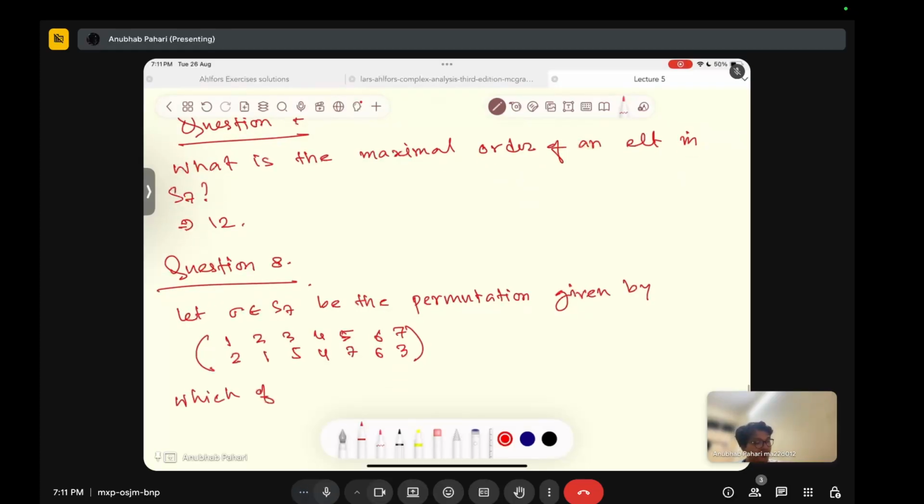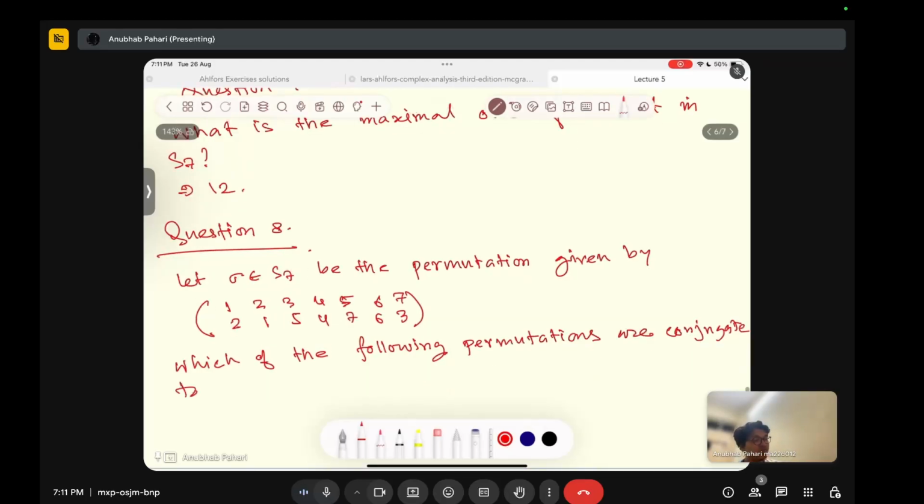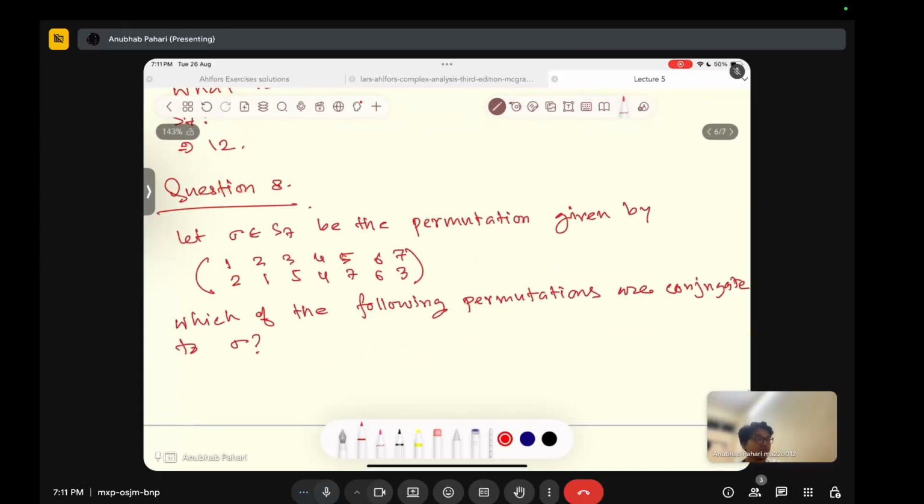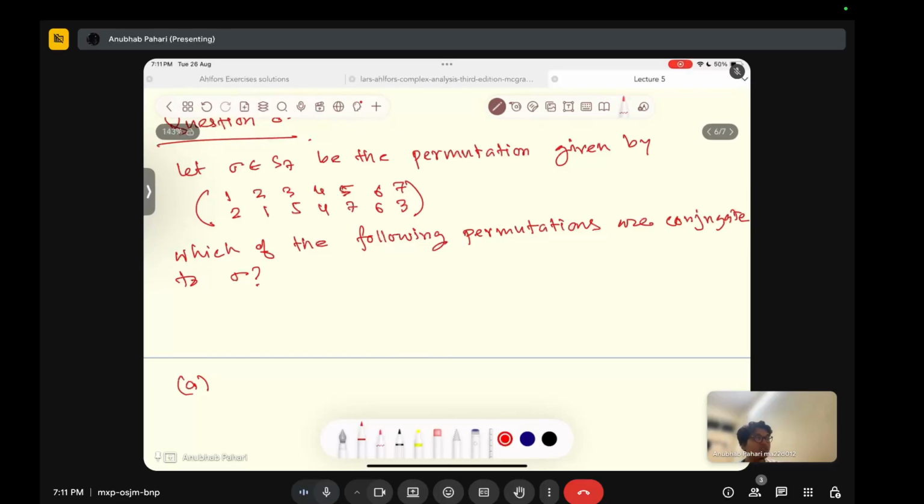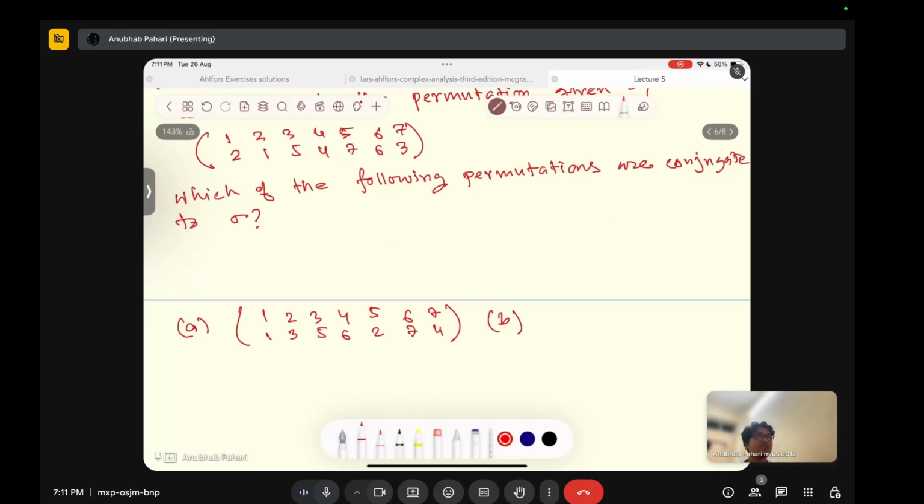Which of the following is conjugate to sigma? Option A is 1 goes to 1, 2 to 3, 3 to 5, 4 to 6, 5 to 2, 6 to 7, 7 to 4, and B is 1 to 1, 2 to 4, 3 to 5, 4 to 6, 5 to 3, 6 to 2, 7 to 7.